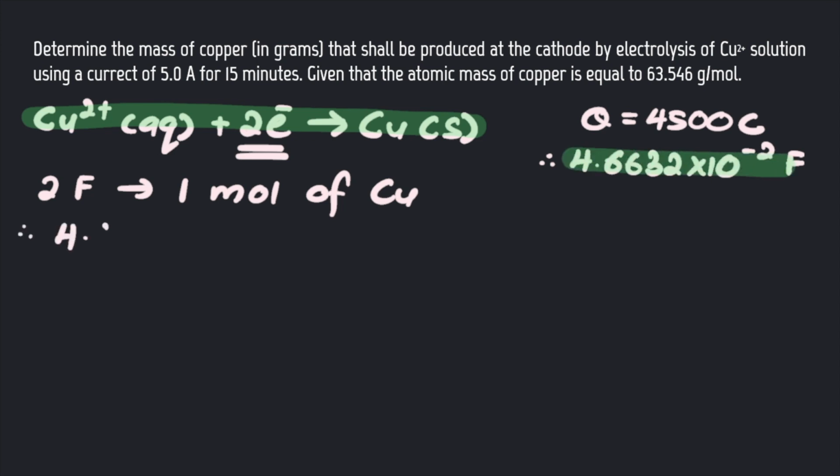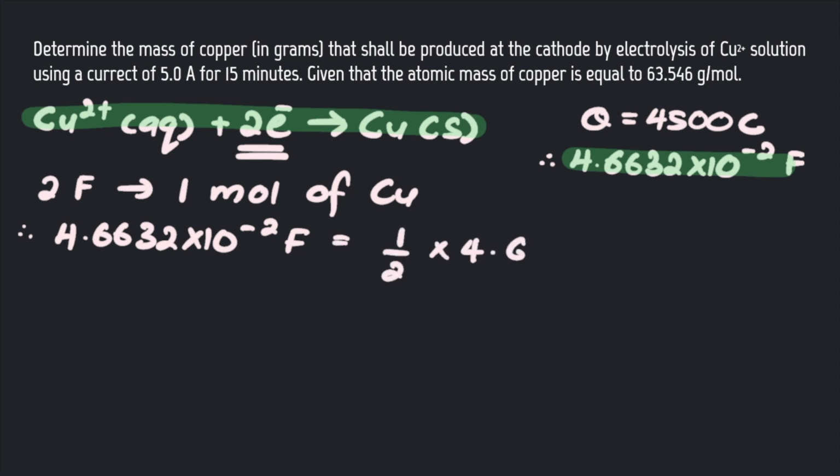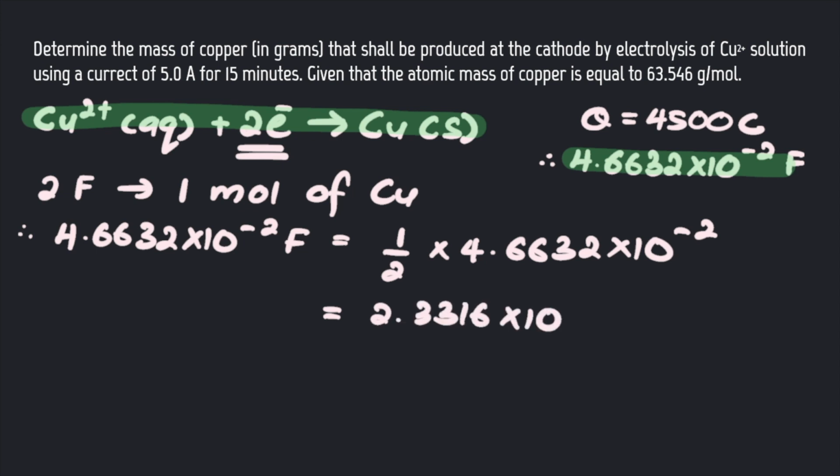Therefore, 4.6632 times 10 to the power of negative 2 Faraday is equivalent to 1 over 2 times this value. So you should get 2.3316 times 10 to the power of negative 2 mole of copper.